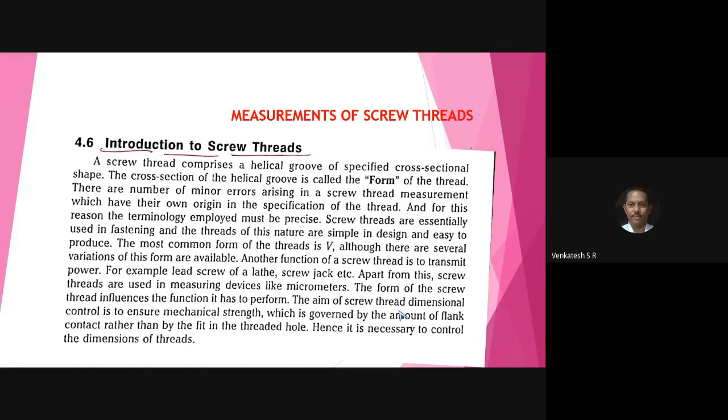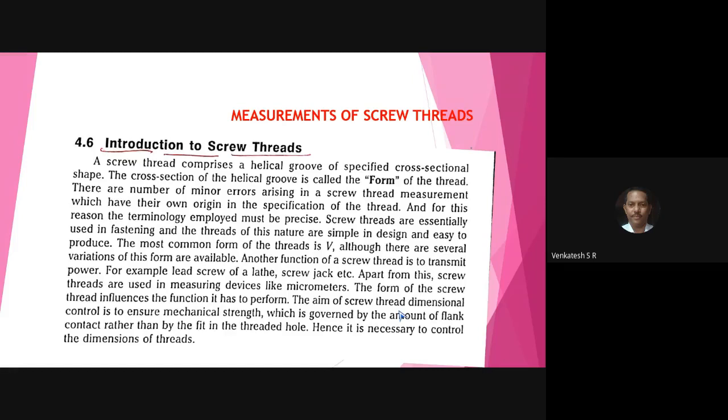If the load is very, very high, then we use square threads. Again, one more classification of thread is metric thread or British thread.